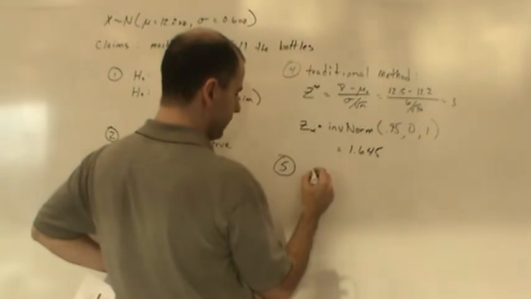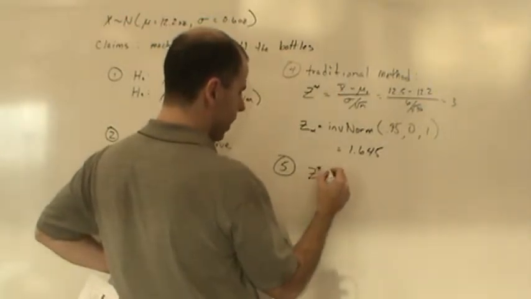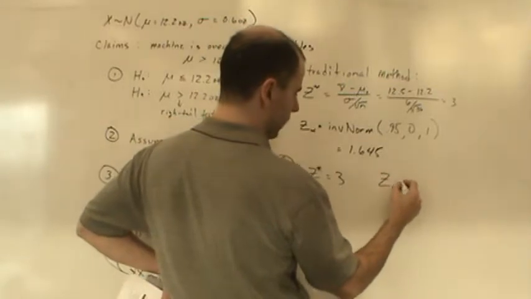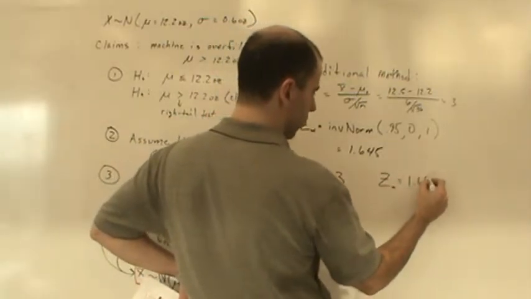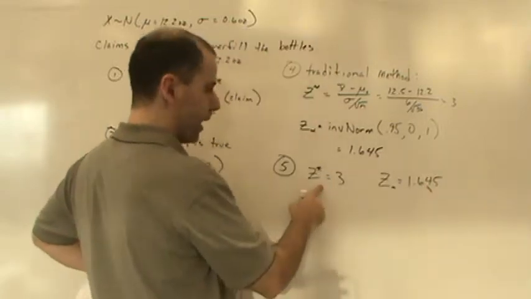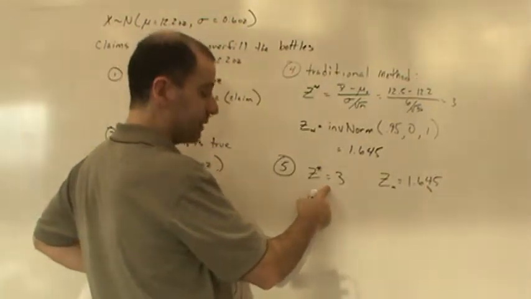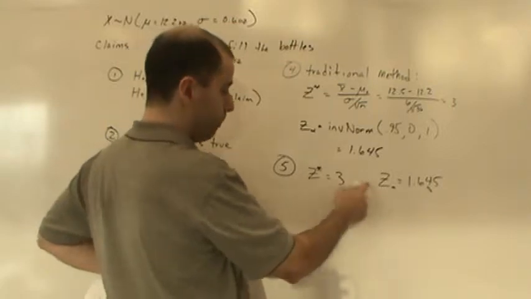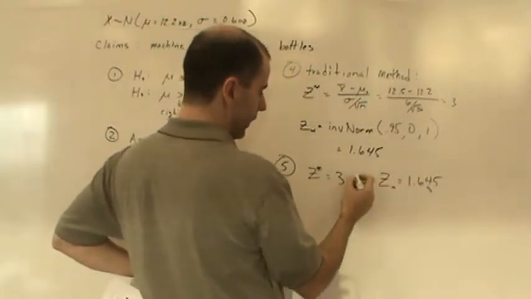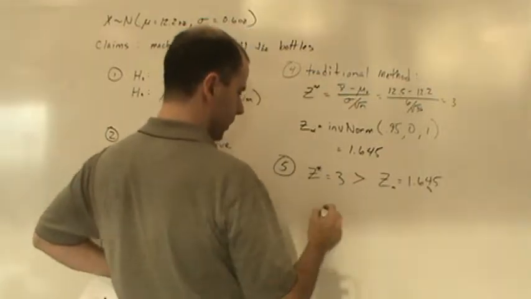So in this case here, z star, which is equal to 3, z alpha is 1.645, is my test statistic bigger than my critical value? And the answer is yes.